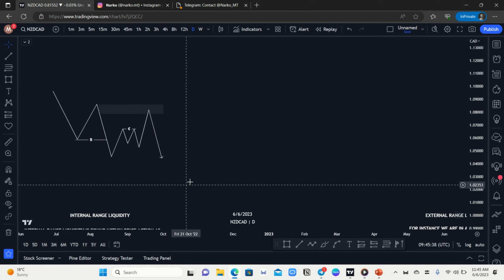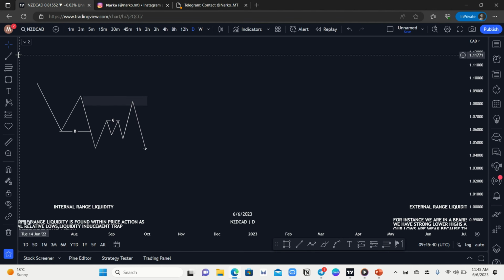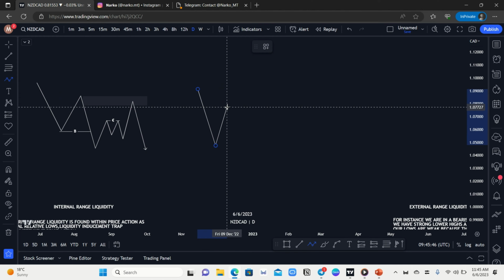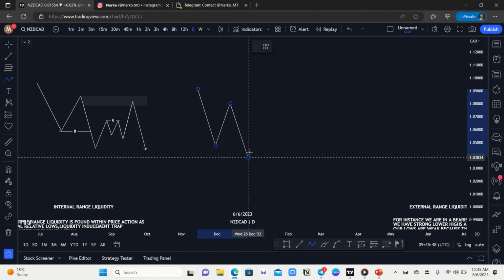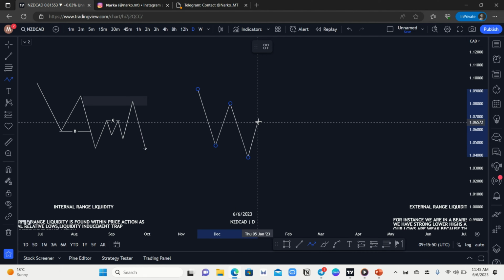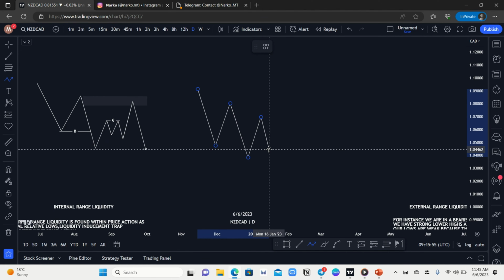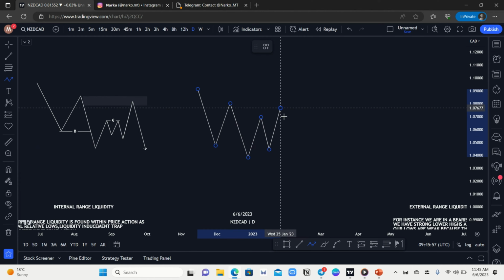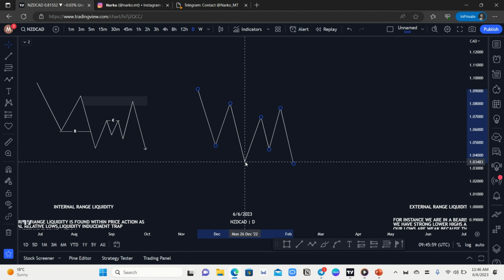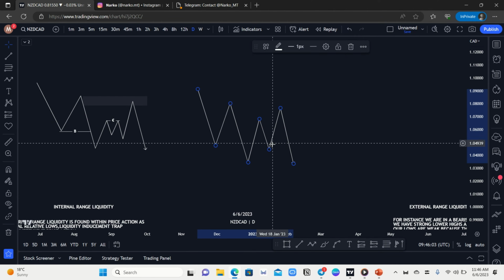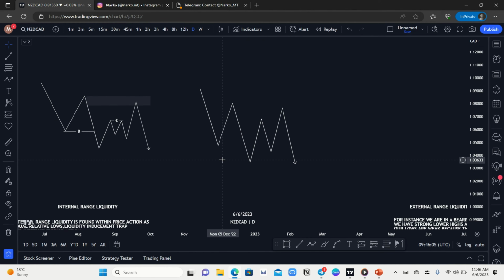Another form of internal range liquidity can be found as your liquidity inducement trap. We have something like this in a bearish trend, whereby price does this, then eventually comes here.